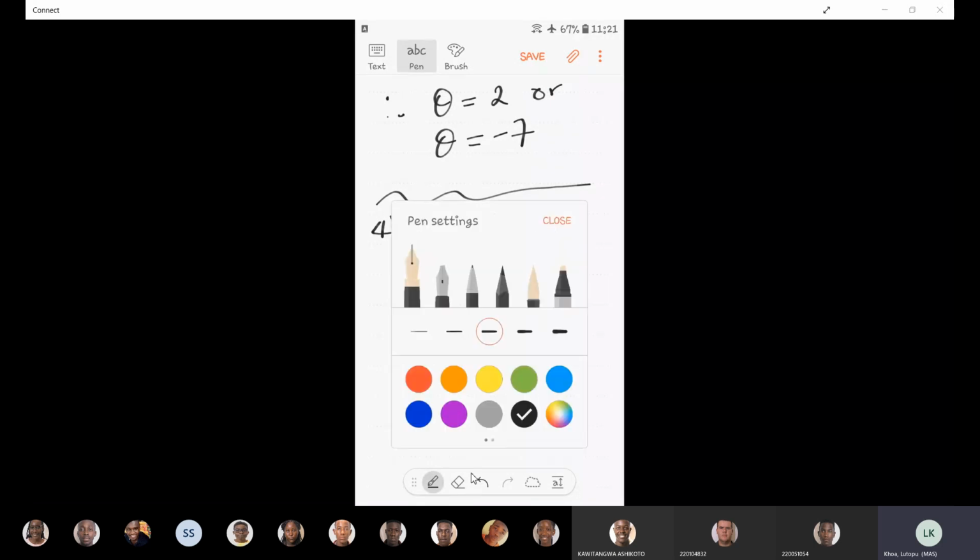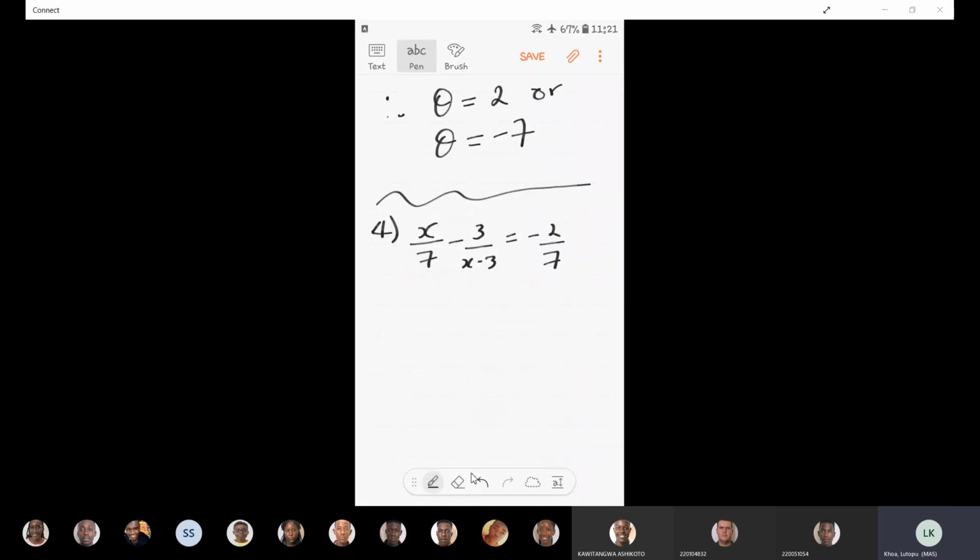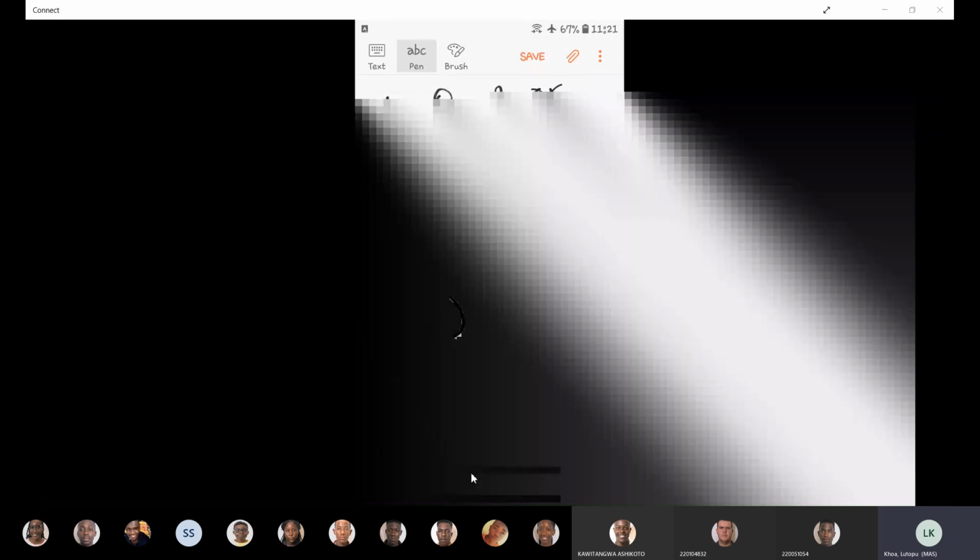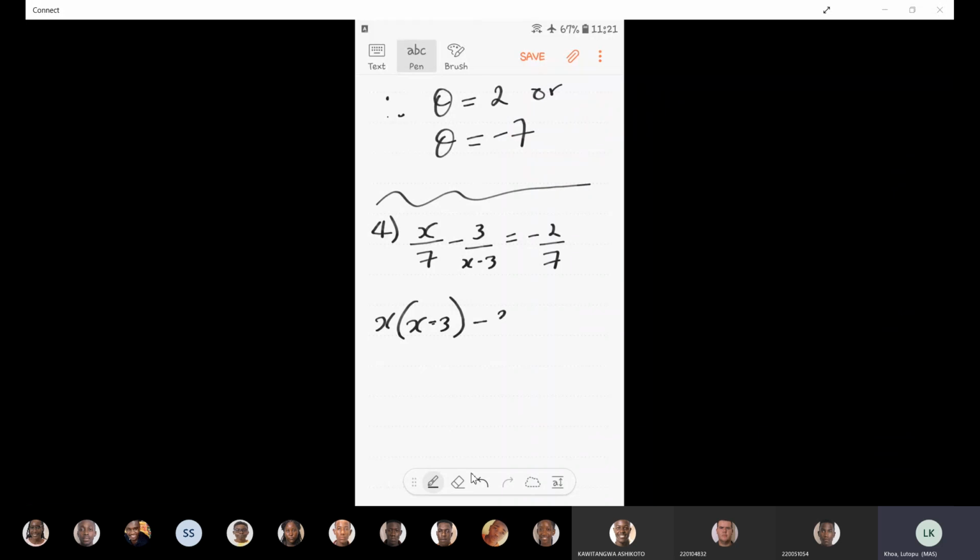So when we do that, we will have x times x minus 3 minus 3 times 7, and this is equal to minus 2x minus 3.